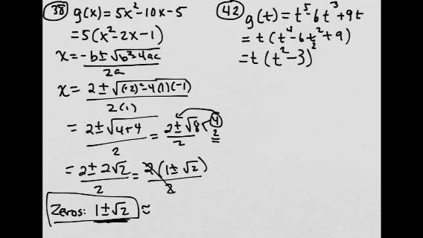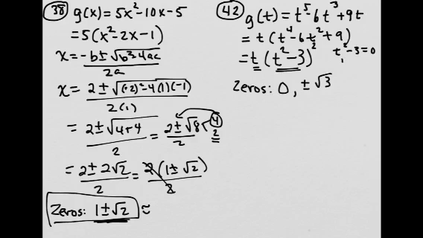Okay, and we set each one equal to 0, so the zeros are 0 for this one right here, and for this factor right here, it's plus or minus the square root of 3. Remember how I showed you in class? You could do one of two things. You could set the factor equal to 0, so t squared minus 3 equals 0.